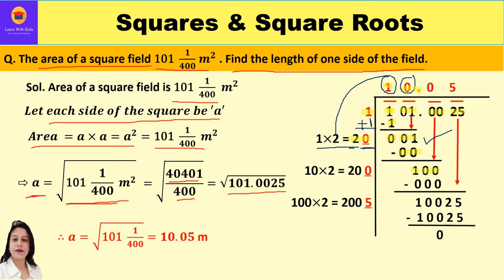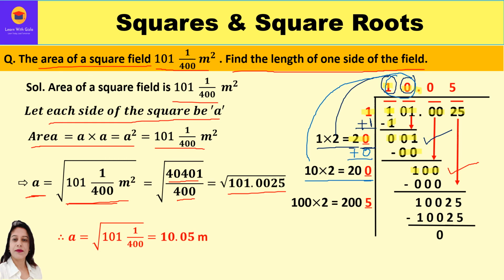So now our new dividend is 100, right? We have to think of a divisor. For that, we will take the new quotient. Now the quotient is 10 over here, right? We shall take 10 and double it. 10 into 2 is 20. Keep a blank over here, right? 20 we can also get by adding just 0 over here, because 0 is the newly added quotient.